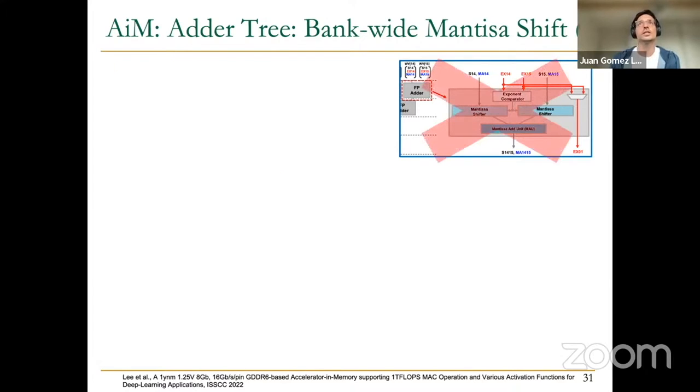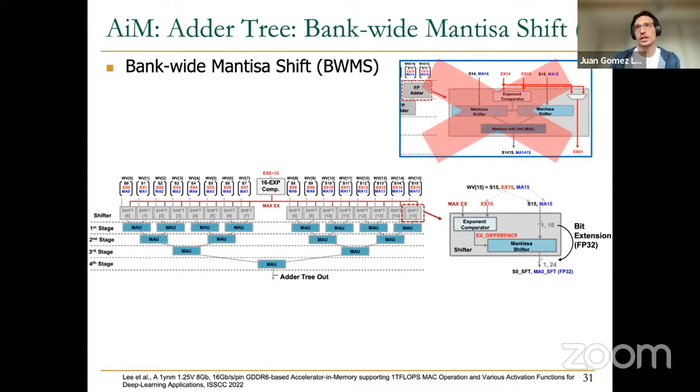what they do is simplifying these adders by, first of all, including an array of shifters. And that's what they call the bank-wide mantissa shift. Let's see how they do this. So first of all, because they have 16 partial results coming from the 16 multipliers, the first thing that we do is finding the maximum exponent from these 16 multiplication outputs.